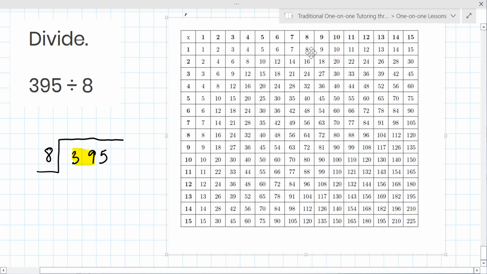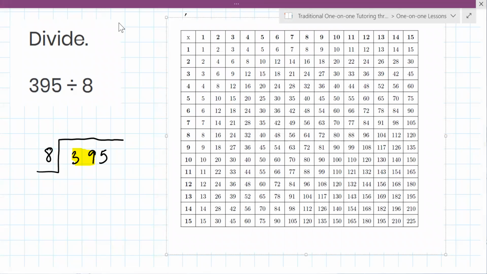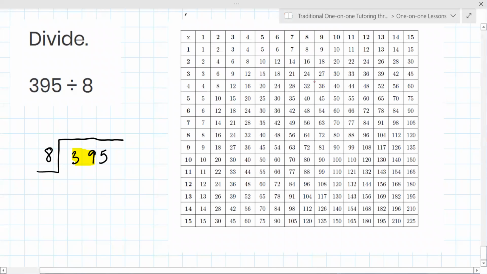Which two numbers is it between? 32 and 40. Okay, so which number do I put above the 9? 40. We never put these numbers. It's always, you always go to the left. 4.